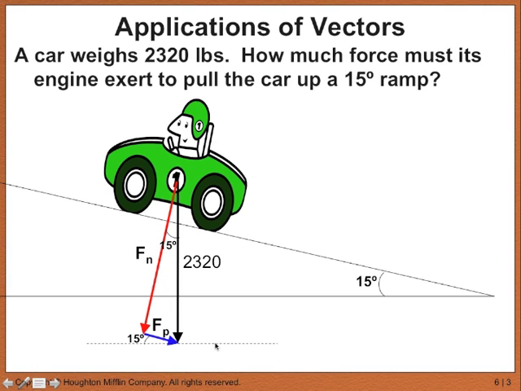Now notice, if that dotted line is parallel to the base, well then this blue vector f sub p must be at the same angle as the actual slanted portion of the ramp, because f sub p is parallel to the slanted portion of the ramp.